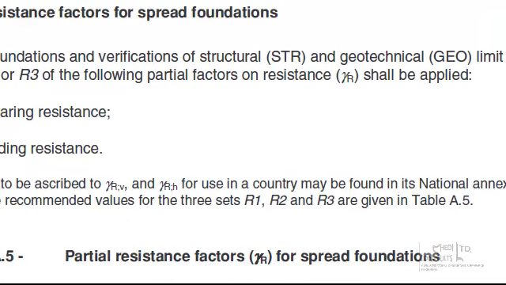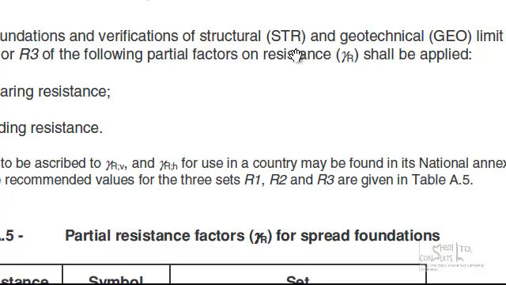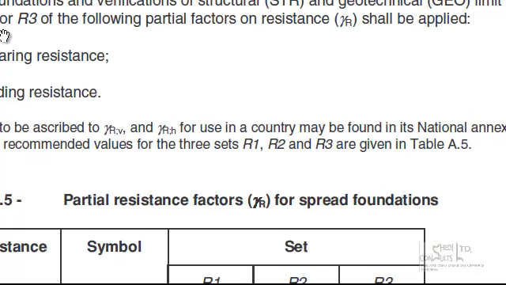Here we have spread footings and verification of structural and geotechnical limit states. For structural and geotechnical limit state considerations, the following resistance or partial factors are to be applied.